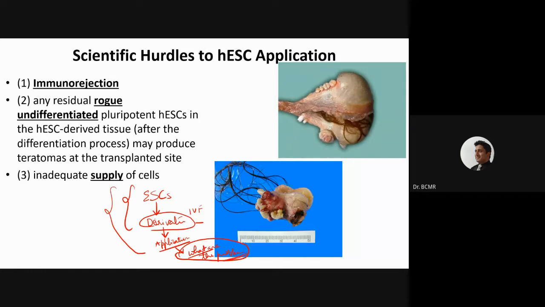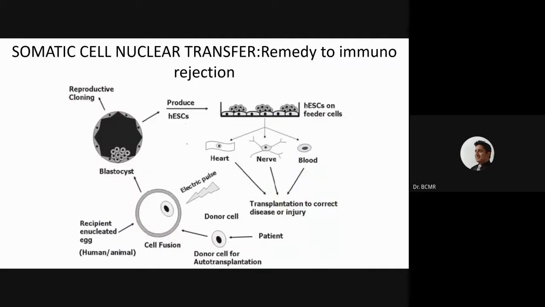So as a part of trying to know the problems or gaps in knowledge and technology, we have come across that for embryonic stem cell technology there are problems with immunorejection, there are problems with undifferentiated cells, and so on. For immunorejection, we had solutions such as somatic cell nuclear transfer.